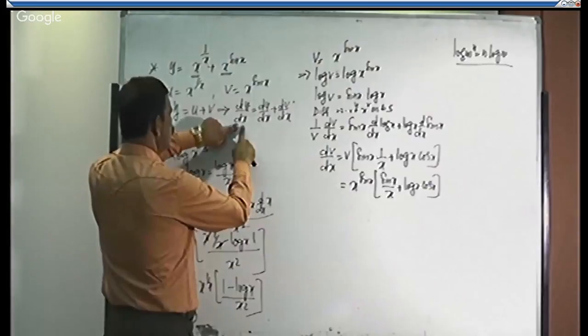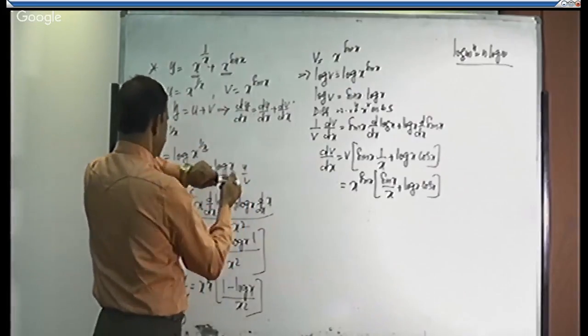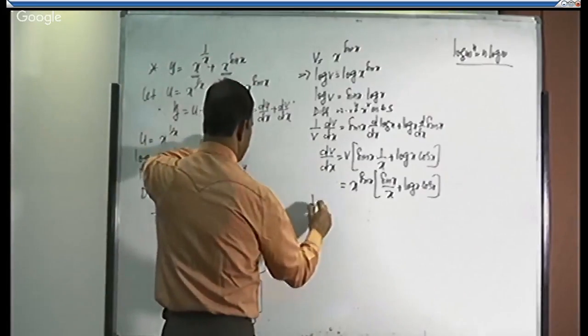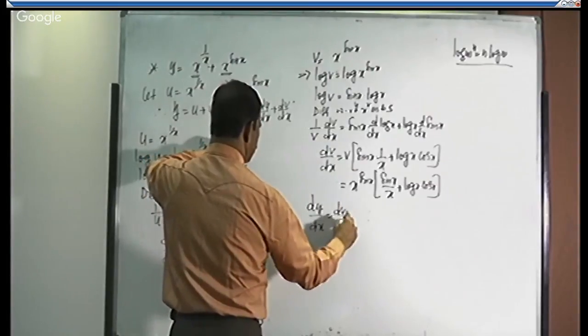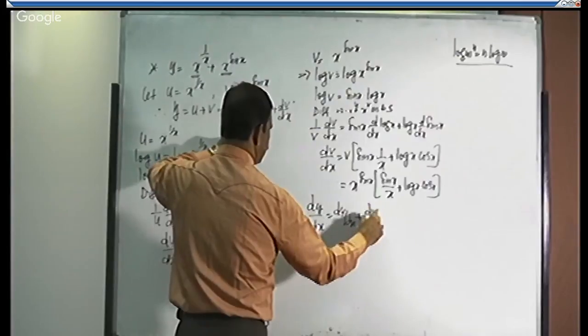We got du by dx and dv by dx separately, right? Then to get dy by dx, substitute here. dy by dx is equal to du by dx plus dv by dx.